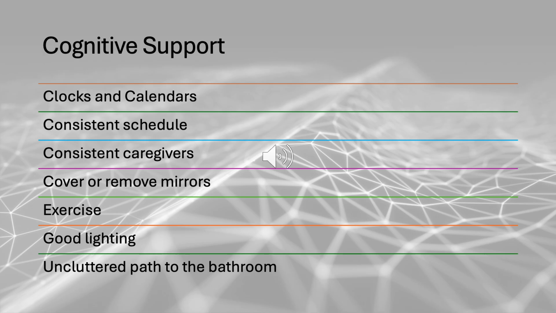I worked in a nursing home when I was 16, and I worked in a nursing home for 7 years. And even though a lot of the clients had dementia, they still knew I was somebody that would help them. You want to cover or remove mirrors so they don't get anxiety.